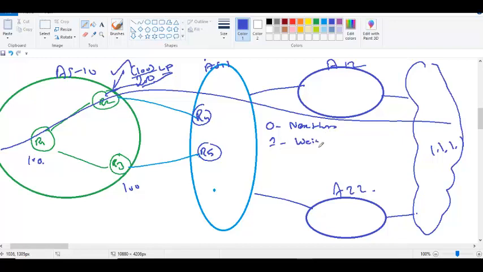And then number 7 is EBGP is preferred over IBGP. Number 8, if both are IBGP, then closest IGP neighbor. If both are EBGP, the oldest EBGP route, the oldest external route, is preferred.